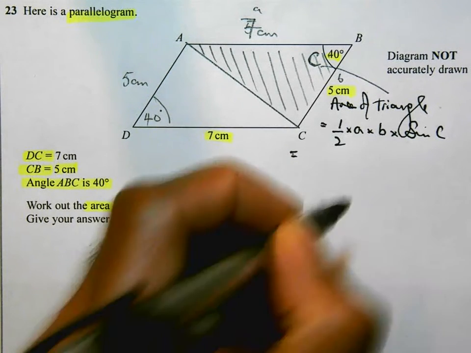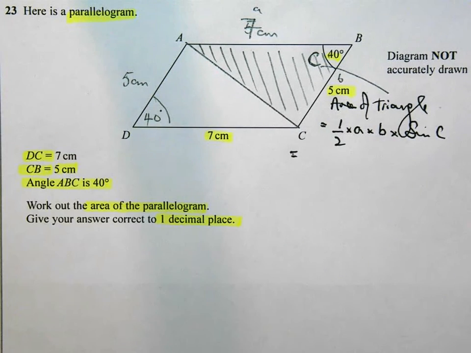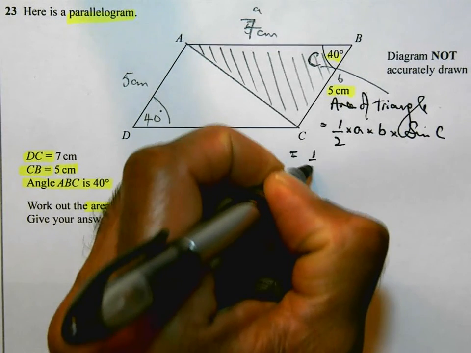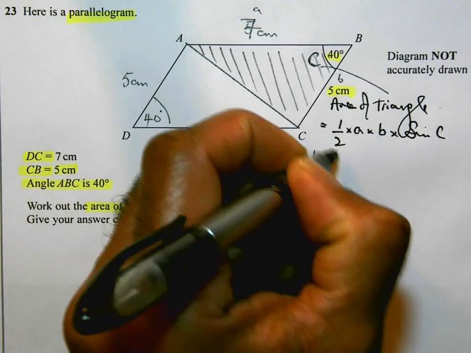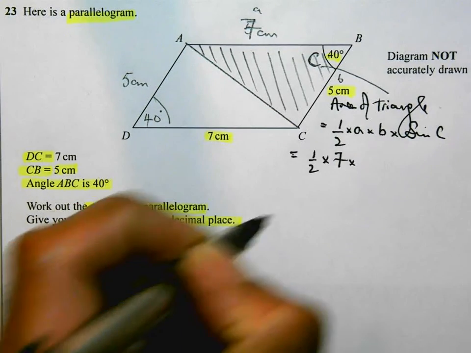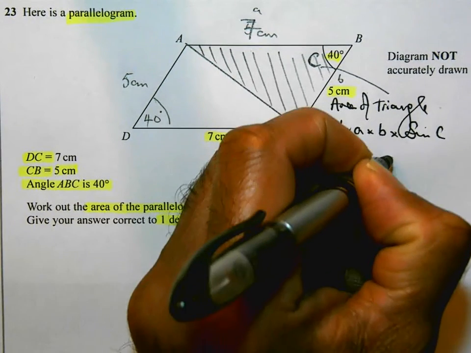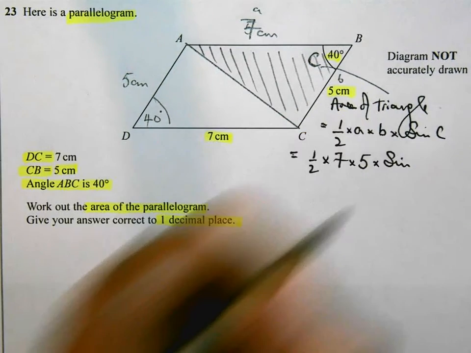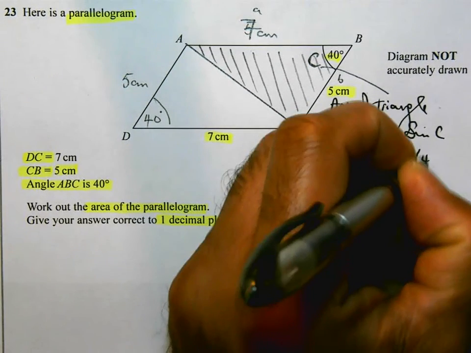And then if I double it, that will give me the area of the whole parallelogram. So the area of this triangle is a half times A, which is 7, times B, which is 5, times sine of C, which is 40.